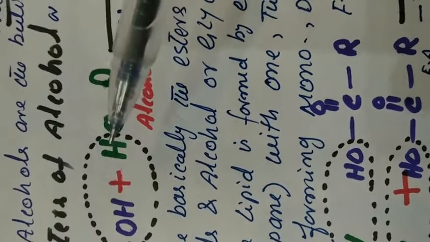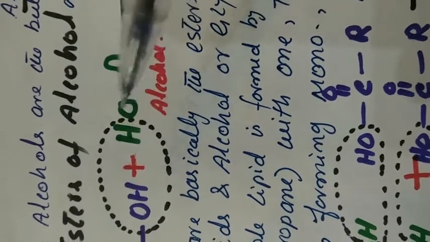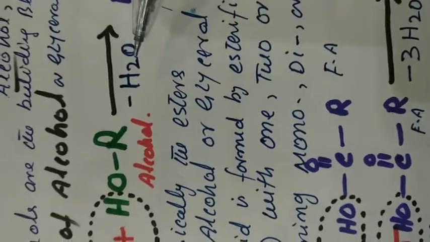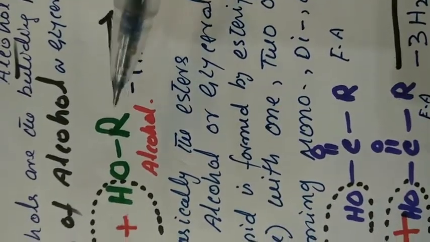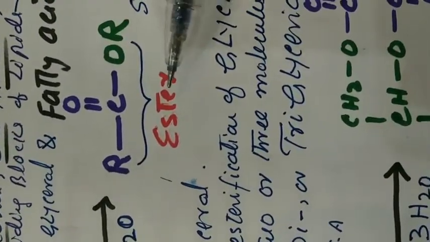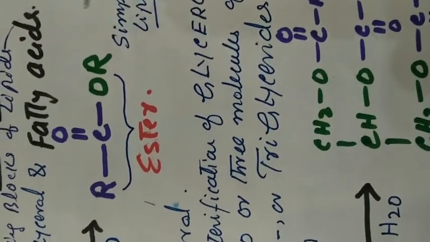And when it combines with an alcohol with a hydroxyl group, condensation occurs, that is, a molecule of water is formed, and this condensation leads to the ester linkage between this fatty acid and an alcohol, and we get an ester. This is an example of a simple lipid. So the lipids are basically the esters of fatty acids and alcohol or glycerol.